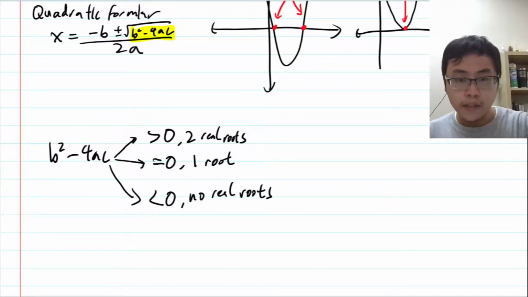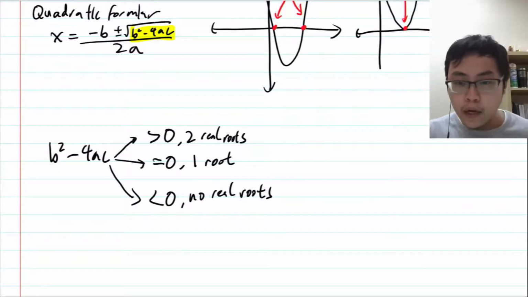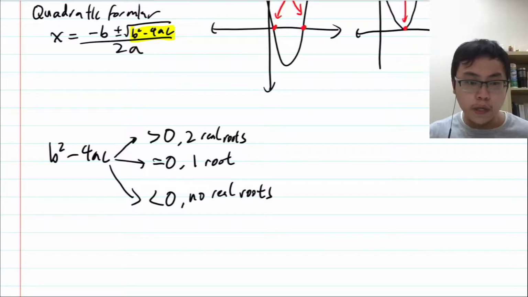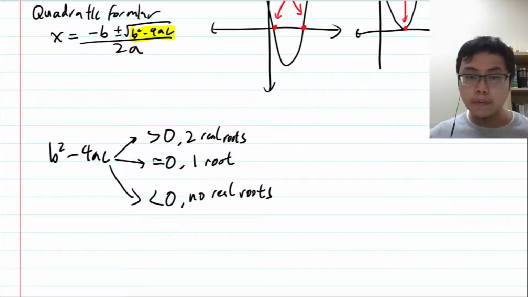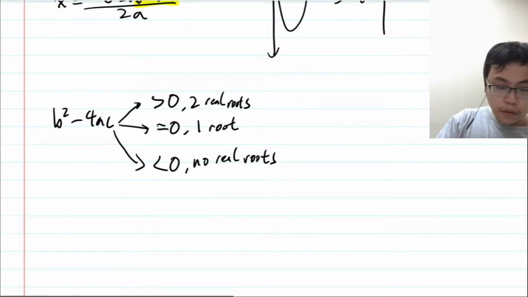Let's have a look at an example over here. Let me show you an example where we have just one root, or we have no real roots. So let's look at this one.